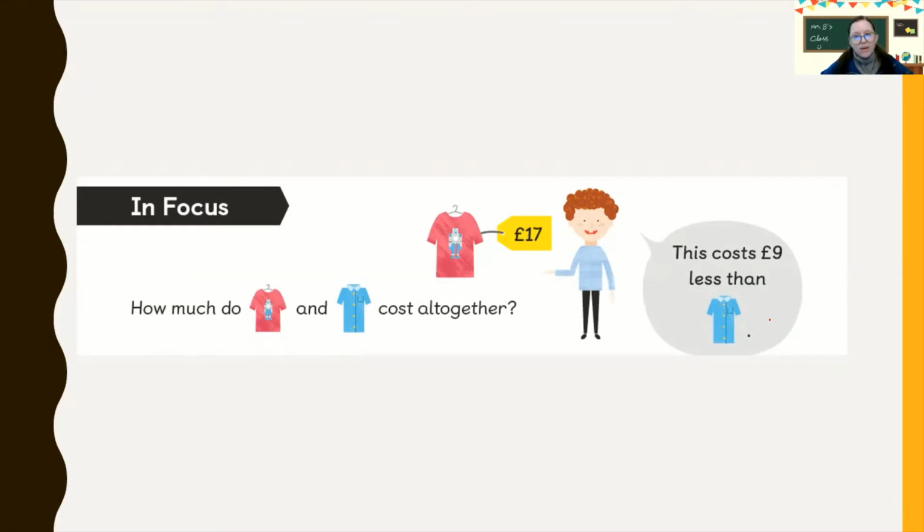So how can we find out how much they cost all together? It's tricky. So we've got the red shirt's price, and we know that that's £9 less than the blue shirt price. So what do you need to do to find the price of the blue shirt? Have a think, have a try, pause the video, and then I'll help you out.